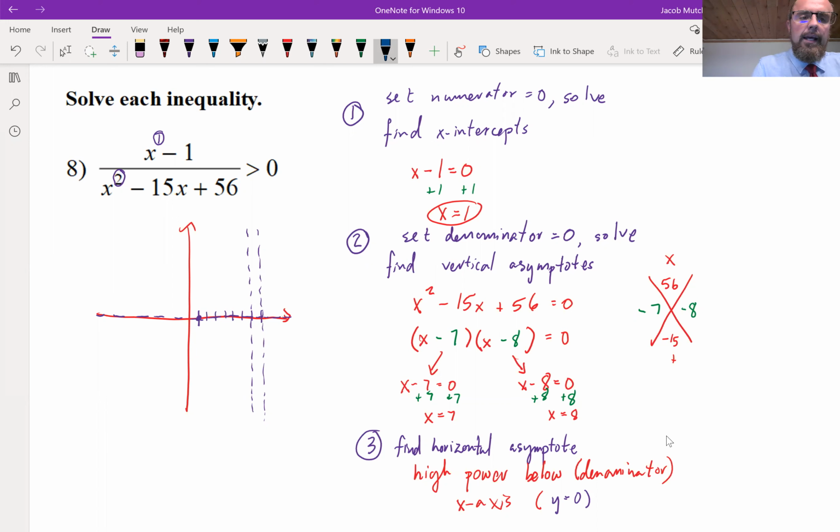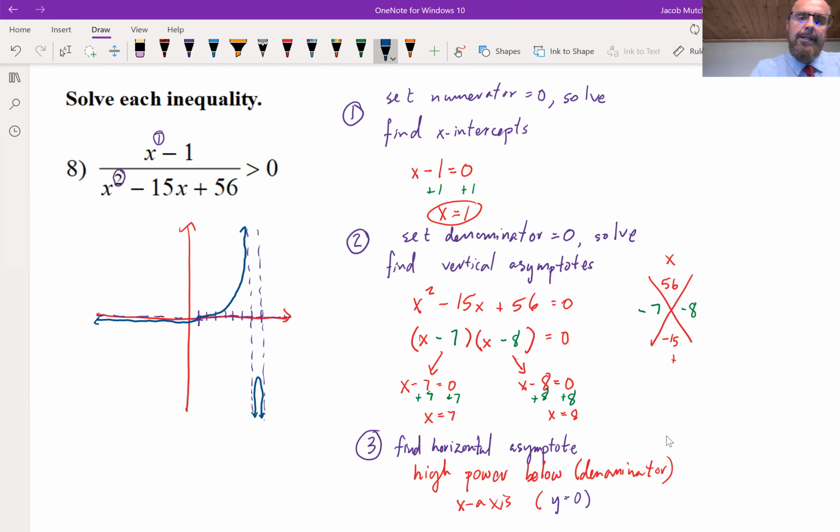So on the left, this graph is below the x-axis. It passes through the x-axis at 1 and rises slowly up along that first vertical asymptote at 7. There's a piece of the graph that's between 7 and 8, but it's entirely negative.